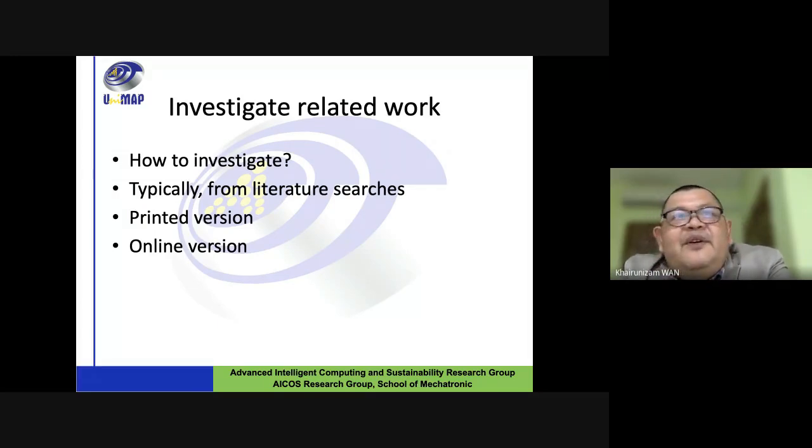Recently, the university or library, I think, purchases articles online, like the IEEE database, IEEE Xplore, or ScienceDirect. You can search the research materials online, and it is better to use the online version.